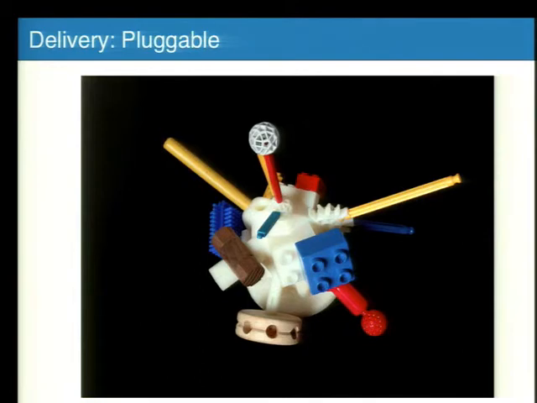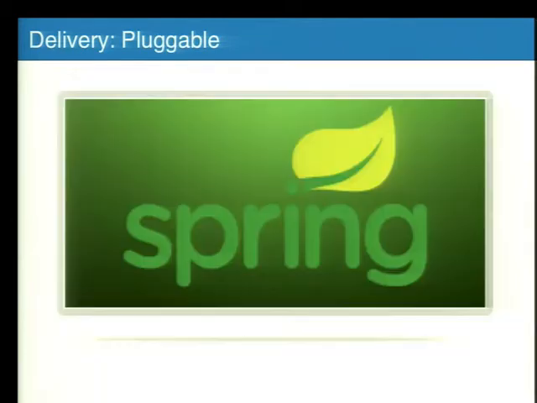You want your system to be pluggable. That means the delivery tier needs to allow you to bring specific business functionality into the system. And what we've done is we base our delivery tier on Spring MVC. So if you want to bring new functionality into the system, you can code Java classes, create Spring Beans, and you can even override our Spring Beans.